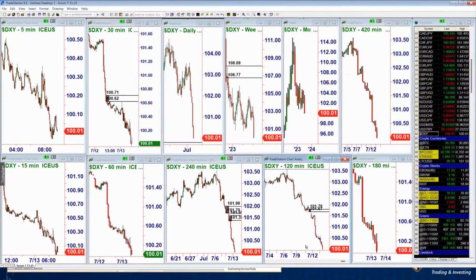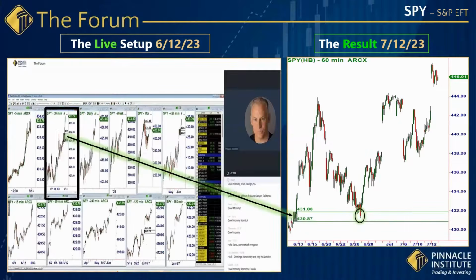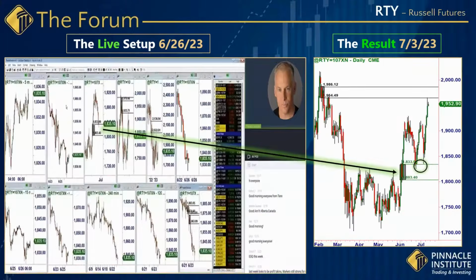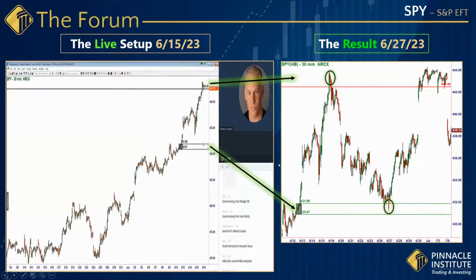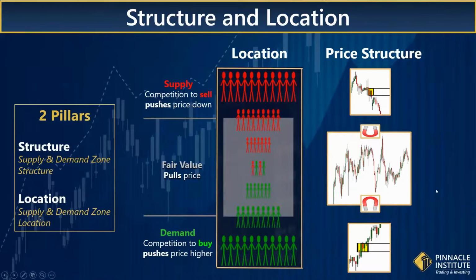All right. So again, I want to make sure we're clear on the two main things we've talked about so far: this whole concept of supply, demand, fair value.